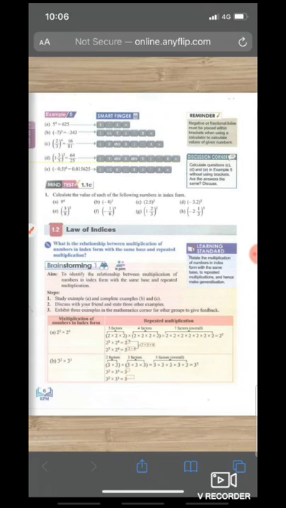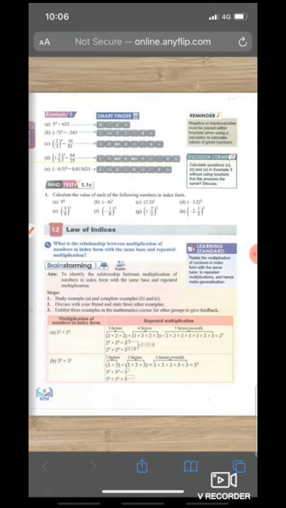If the base is the same, then you add the powers. For example, 2 to the power of 3 times 2 to the power of 4. Look here, 2 and 2 are the same base, so we can add the powers, 3 plus 4. So the answer of the multiplication here is 2 to the power of 7.